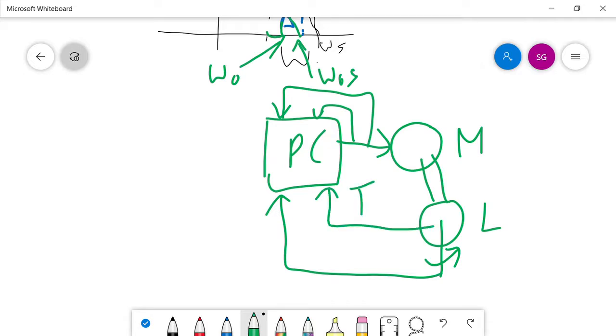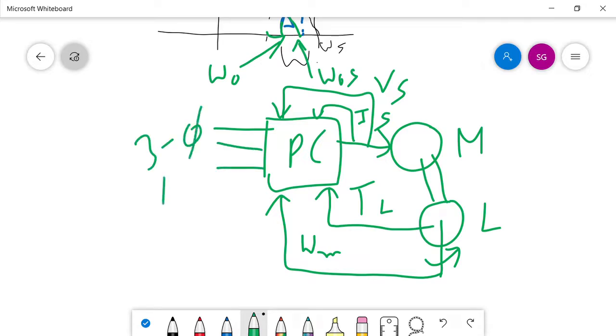So the torque will be sensed, the speed of the motor has to be sensed, the voltage has to be sensed, and the current has to be sensed. And the supply will be three phase. It could be three phase AC or it could be a DC supply.